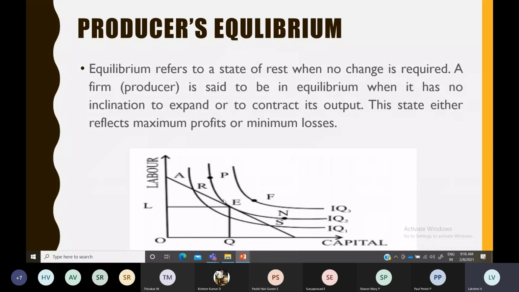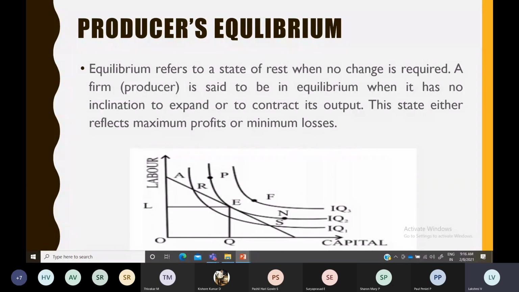If he is going to increase beyond his capacity, his cost of production will get raised only. So this is the point where he can achieve the maximum output with least cost. Least cost combination, what is meant by least cost? Least cost combination is the maximum output with minimum input cost he can produce.